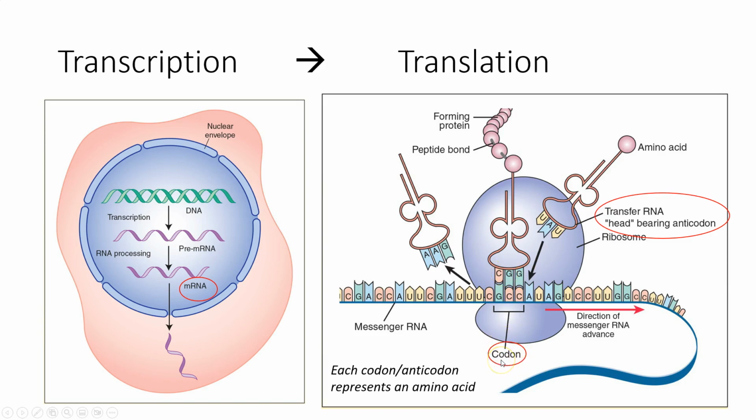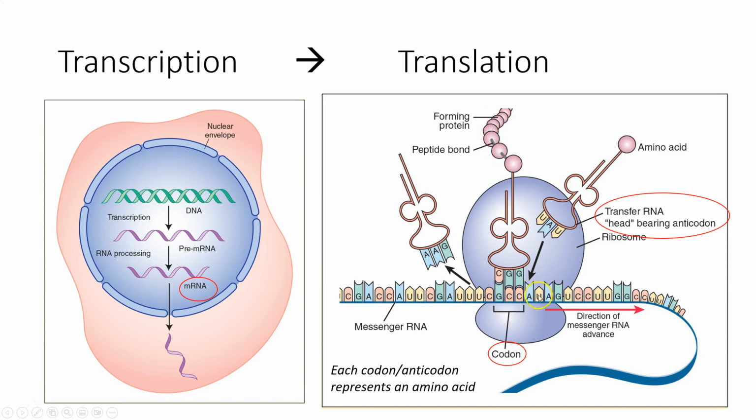So a codon is a triplet of nucleotides that correspond to a specific amino acid. And so these transfer RNAs will bind to the messenger RNA by matching its anticodon with the codon. That then allows for the transfer of the attached amino acid on this transfer RNA to this growing polypeptide chain.